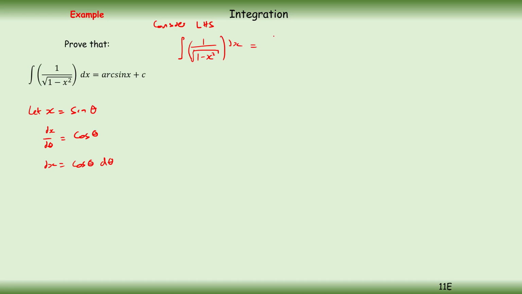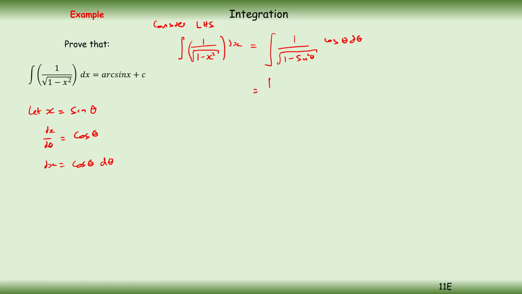That's equal to the integral of, making our substitutions now, 1 over the square root of 1 minus x, with x equal to sine theta, so sine squared theta, and dx is equal to cos theta d theta. Hopefully you're now seeing why we've left the cos theta there.